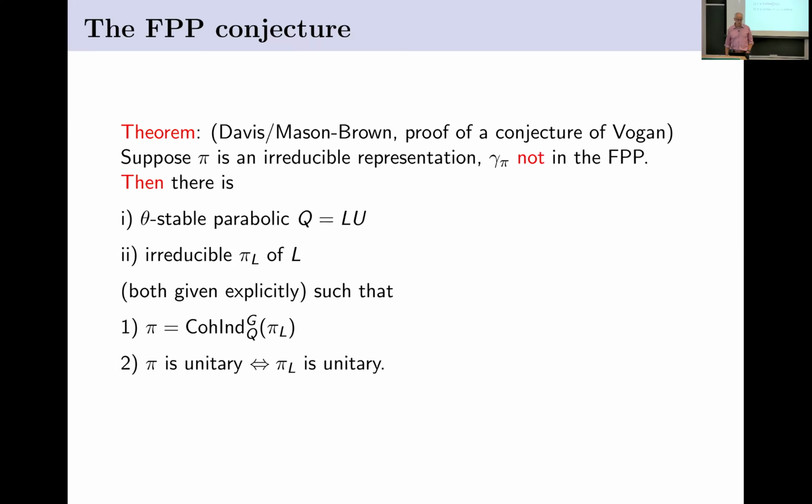So pi is unitary if and only if pi L is unitary, and you've reduced the problem to a smaller group. And this induction, for the experts, is in the weakly fair range, which is why 2 holds. Weakly good range. Thank you.